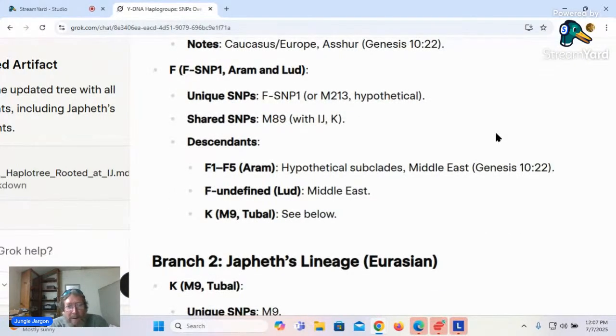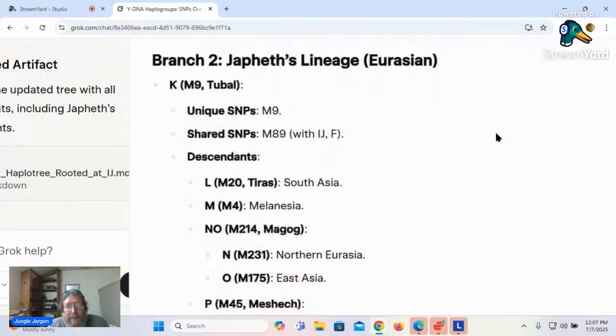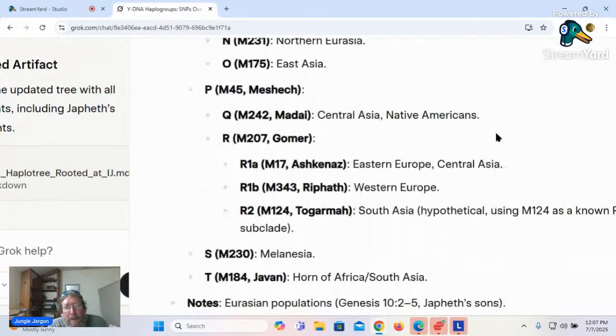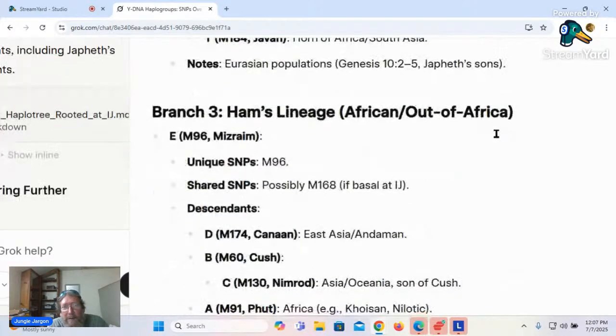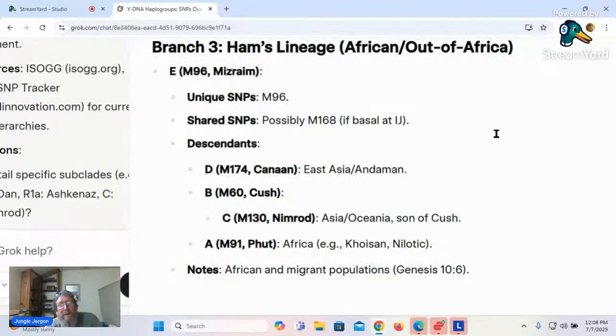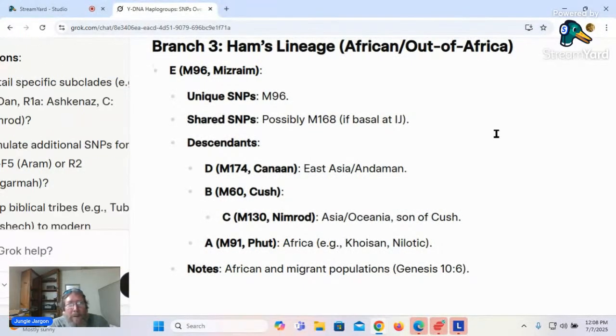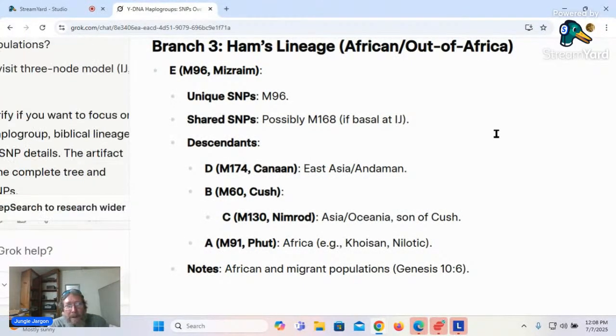Must have to rewrite it, I guess. Japheth's lineage, Eurasian. P, Meshach, here we go. Branch 3, Ham's lineage out of Africa. Mitzrayim, 96. D, Canaan.